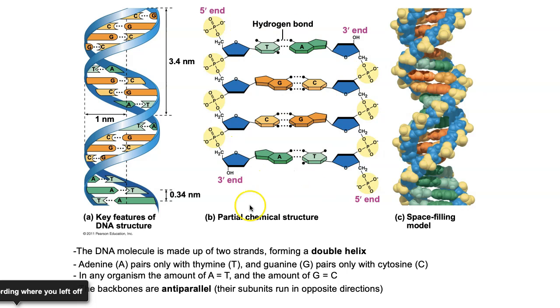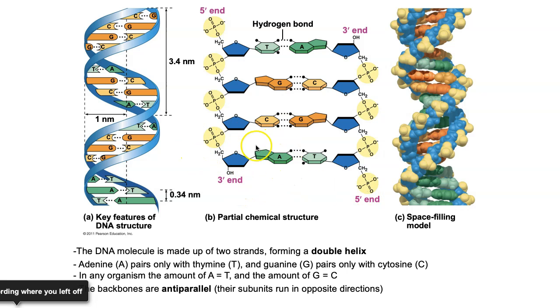If this was RNA, the pentose would be ribose. And then the third thing is the phosphate group. So for DNA, we have the nitrogenous base, A, T, C, or G. We have the pentose sugar, which is deoxyribose, and we have a phosphate group.